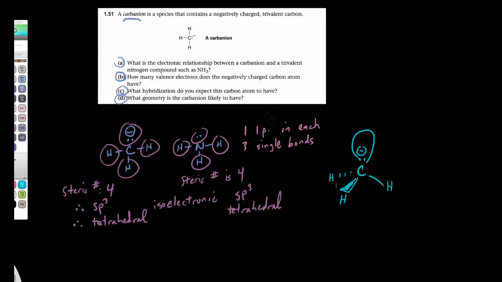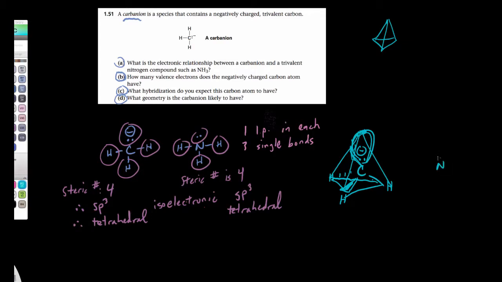So if it's a tetrahedral geometry, one of the corners and vertices of the tetrahedron is this lone pair. And so you have this tetrahedral geometry here like that. It's kind of hard for me to draw a straight line, but you get the idea of a tetrahedron. And you'll see a lot more tetrahedra before the quarter's over.